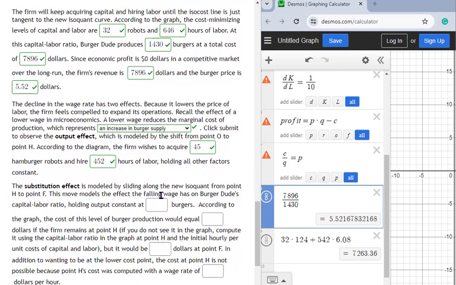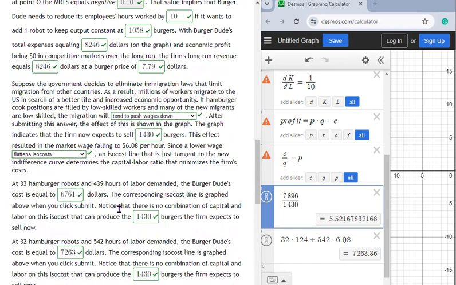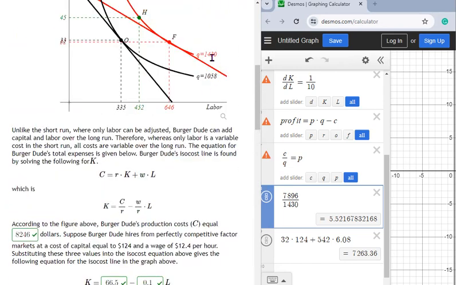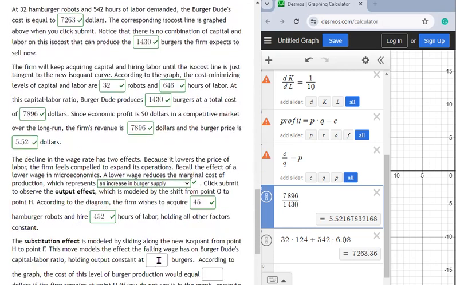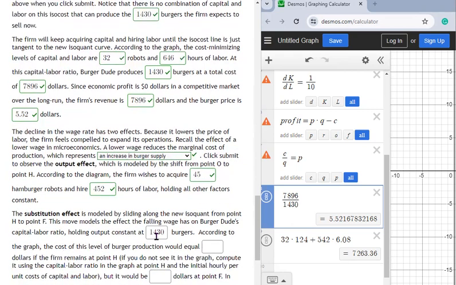Holding output constant, our new output constant at 1,430, the substitution effect is the slide from point H to point F. And it models the effect of the falling wage on Burger Dude's capital labor ratio.